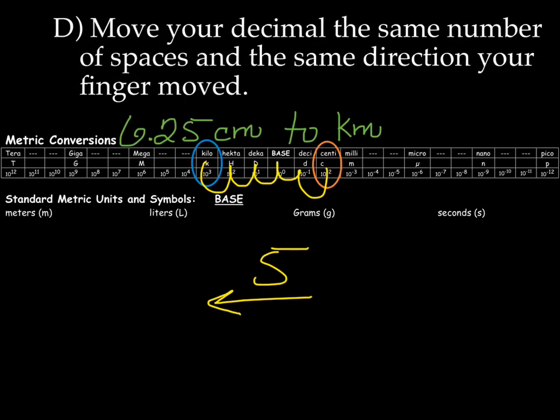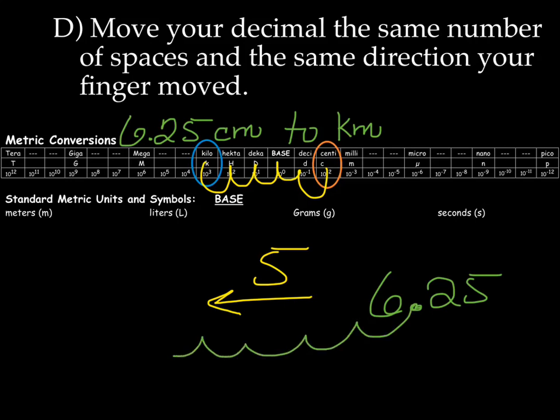Okay, now we're going to move the decimal the same number of spaces and the same direction your finger moved. So if we go back to our problem, I'm going to write it down here. I had 6.25. So I need to move the decimal how many times? 5 times to the left. 1, 2, 3, 4, 5.